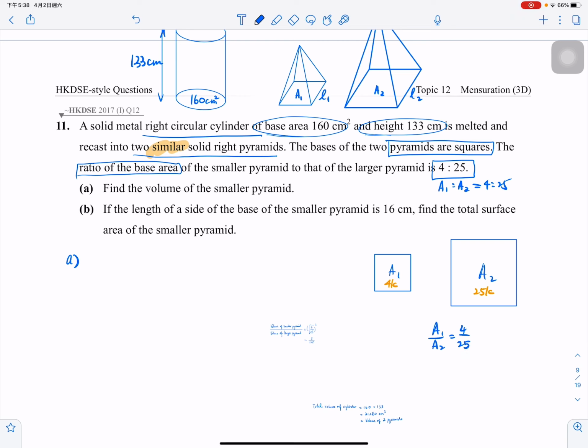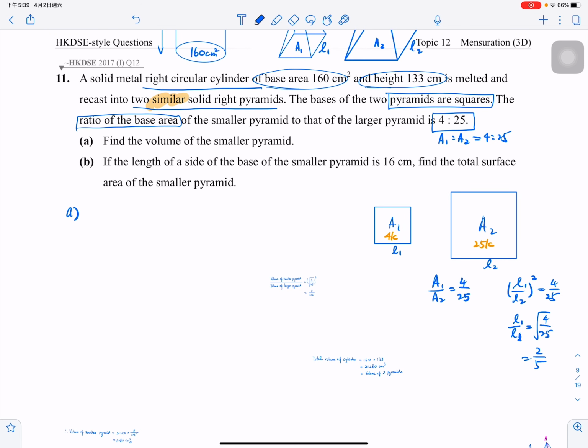That means if here is L1 and here is L2, what is L1 to L2? So the square root of 4 over 25 gives L1 to L2 equals 2 to 5. See? 2 to 5. If we know this one, then do you remember V1 and V2?